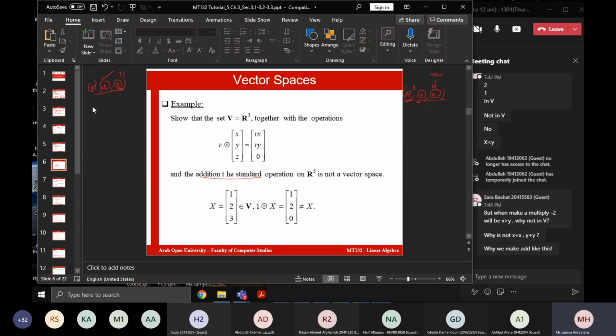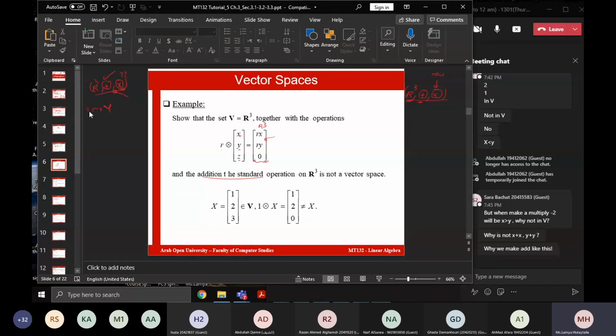The first one is closure: if you take any number r and multiply it by any vector, say v1, the answer should be here, correct? And it's clear. No matter what the numbers are, this is a vector from R3. So it is closed under scalar multiplication. You have 5 of them.